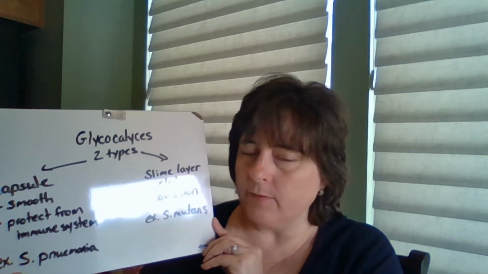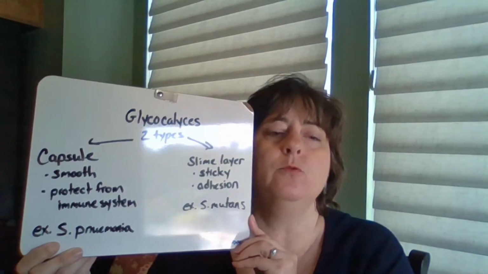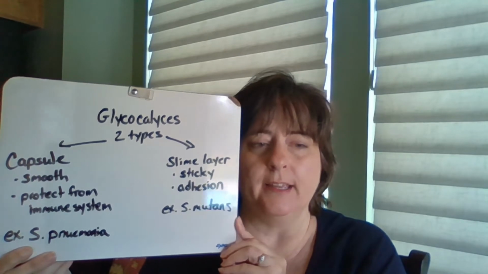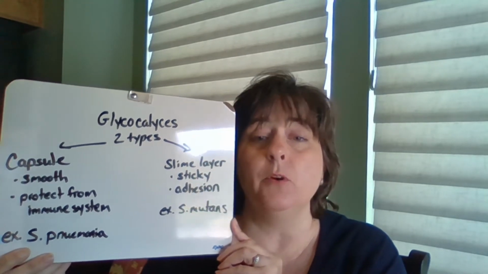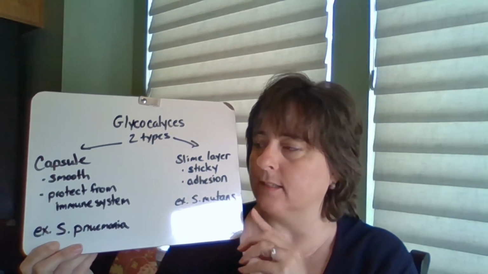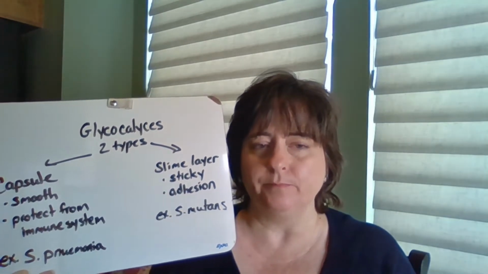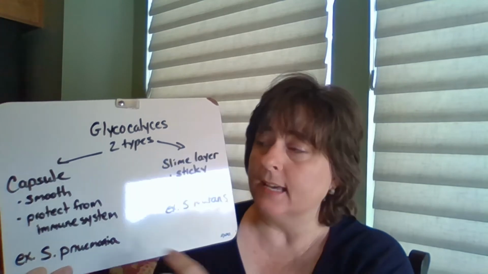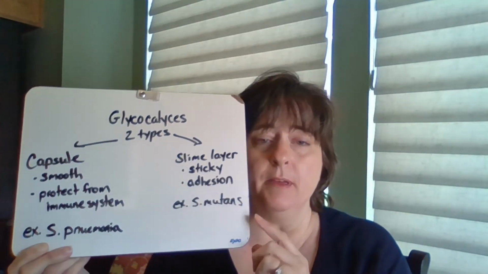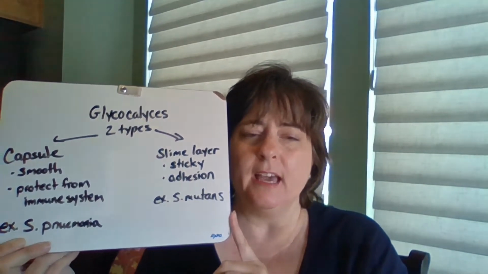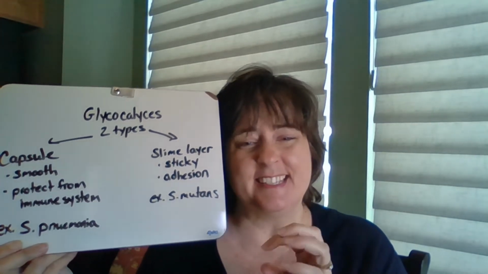One example of a bacteria that has a smooth capsule glycocalyx is S. pneumoniae. This is a bacteria that causes pneumonia, and again, it makes it hard for our cells to get rid of it. Okay, the second type of glycocalyx is the slime layer. This one's put together a little differently, and it ends up being very sticky.